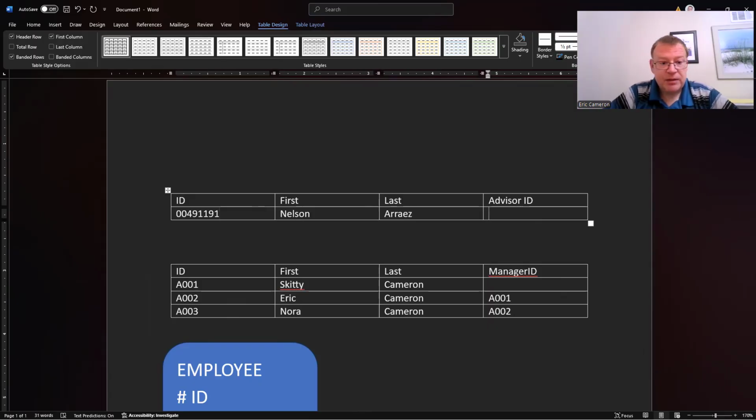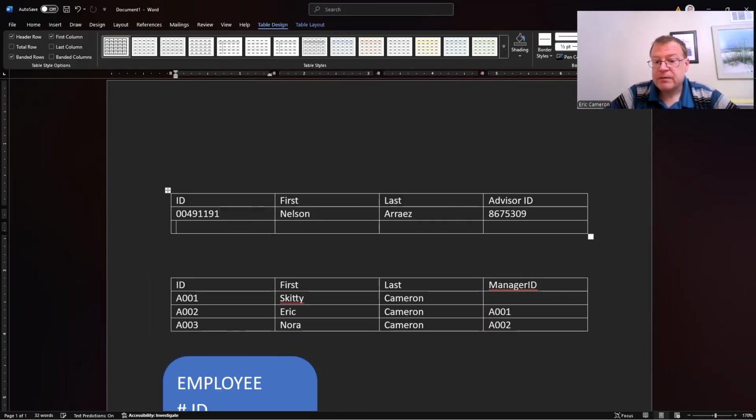And we have Nelson here, and his advisor ID is 8675309. If you get that reference, it's an old song. So we have this advisor, and maybe that would have a lead 0 just to match there.